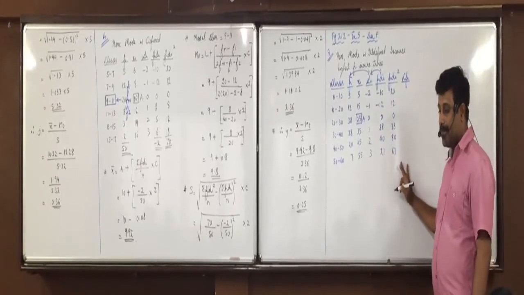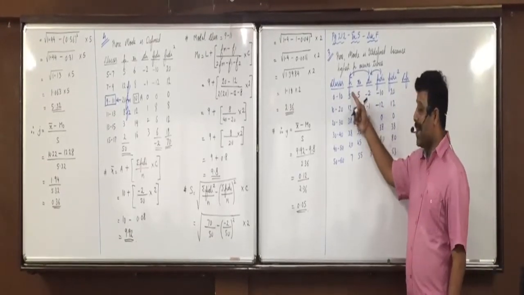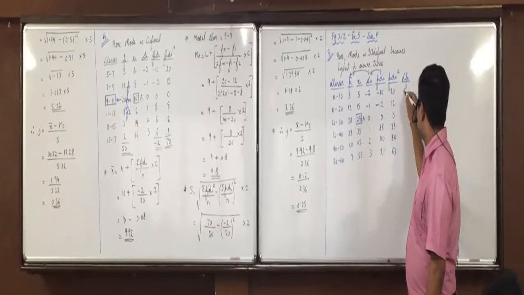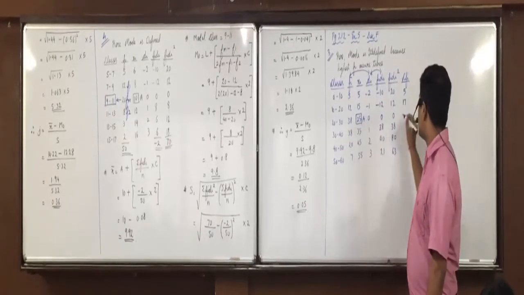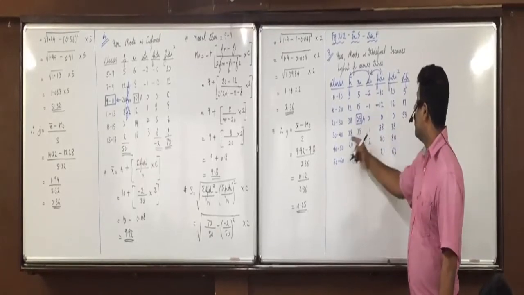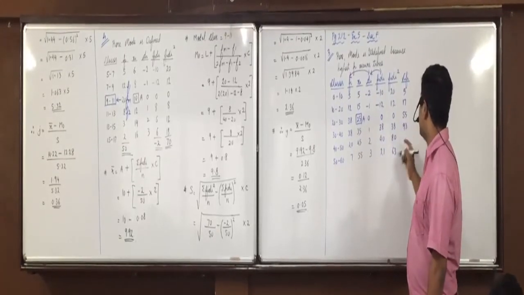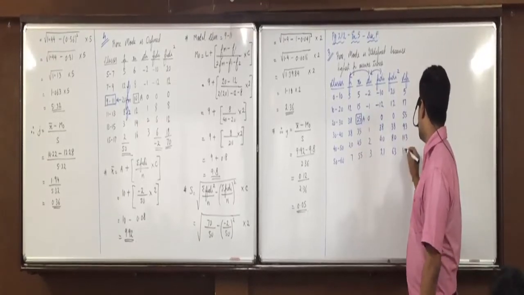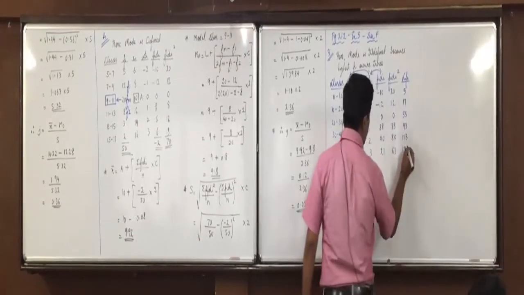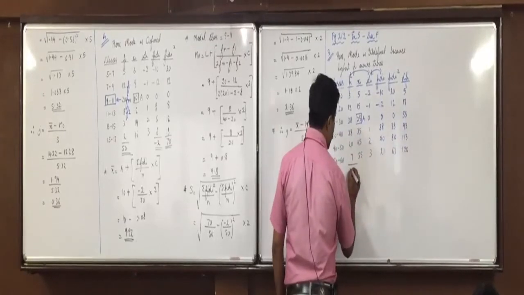Any doubts so far? Now CF means we have to add the frequency. So 5. Then 5 plus 12, 17. 17 plus 38, 55. 55 plus 38, 93. 93 plus 20, 113. 113 plus 7, 120. Total of fi will also be 120.